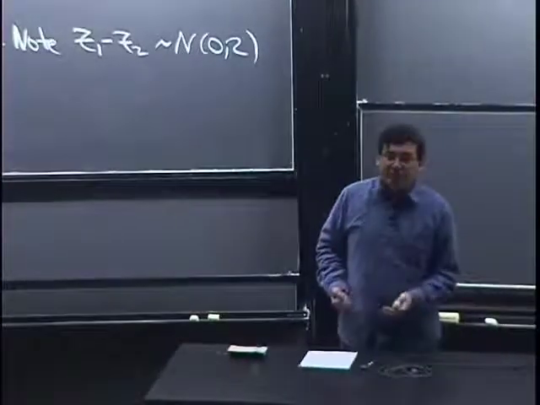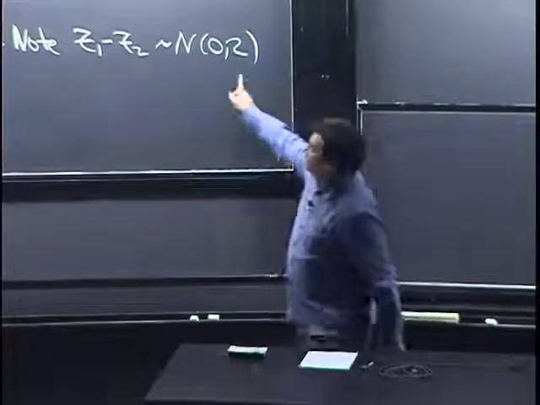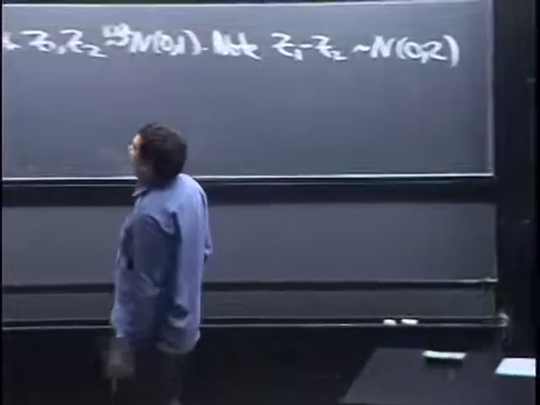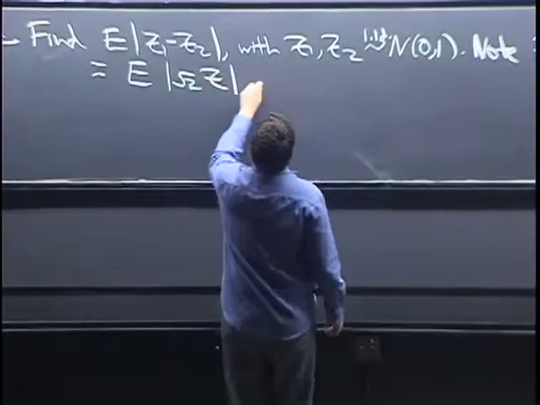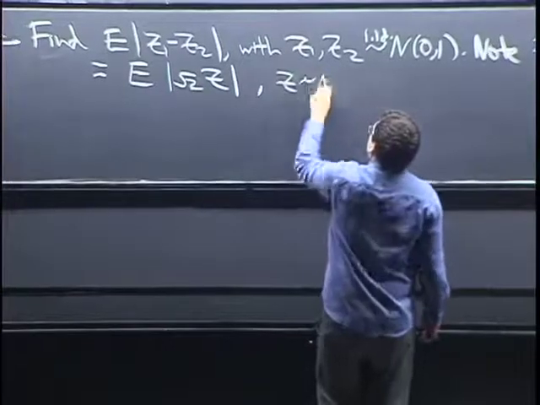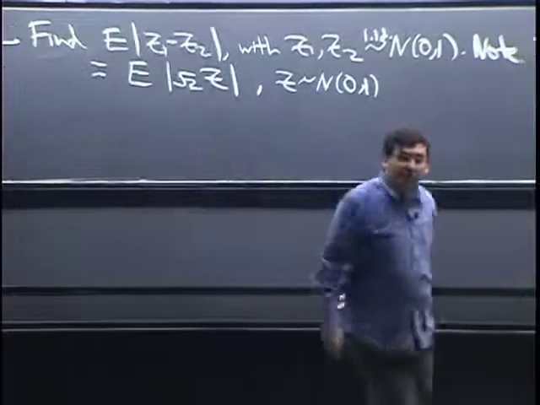We could take a standard normal and multiply by the square root of 2, and that would give us variance 2. So the easiest way to think of this is as square root of 2 times Z, where Z is standard normal. That's just the scale. That gives it variance 2.